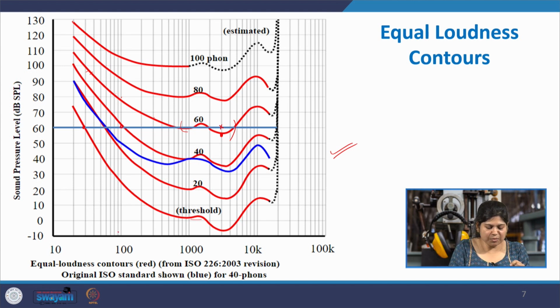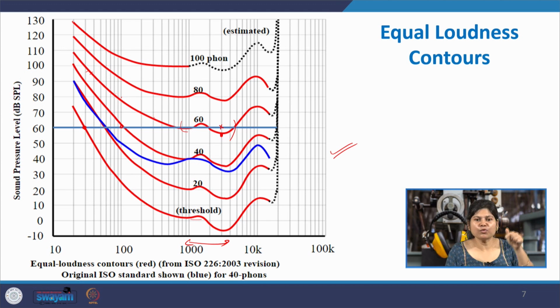At 40 hertz it is barely audible, but over 100 hertz it is almost close to 40 dB, or sorry, 40 loudness, and then as you go up towards this more frequency sensitive zone, it becomes louder, and then again as you come towards the high frequency zone, that same sound would be of less loudness.